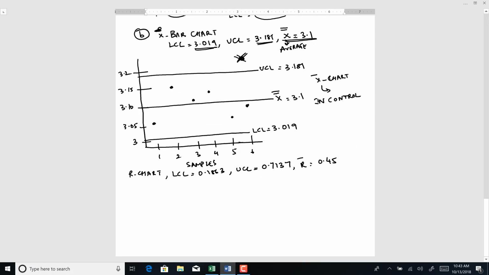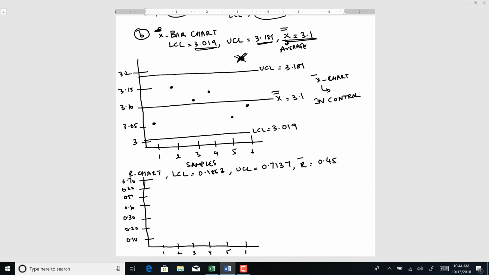So again I'm trying to plot this. The axis goes 0.10, 0.20, 0.30, 0.40, 0.50, 0.60, and then 0.70. And then again I have samples 1, 2, 3, 4, 5, 6.